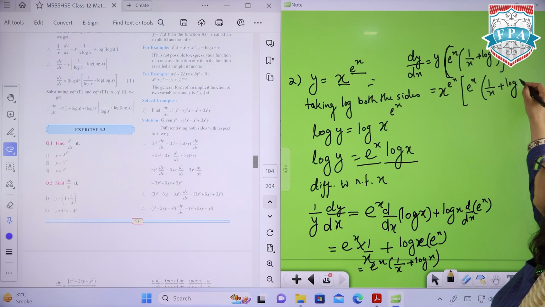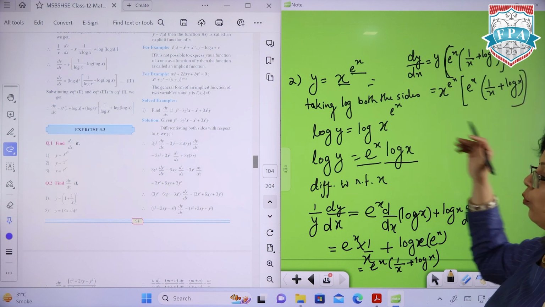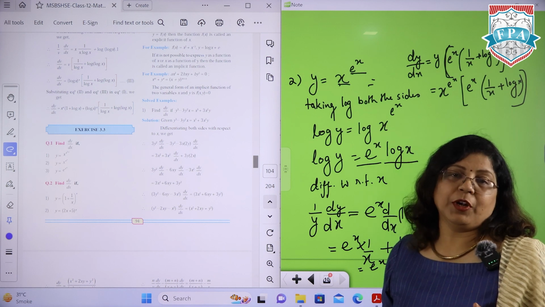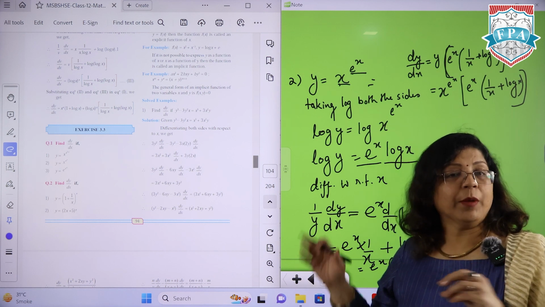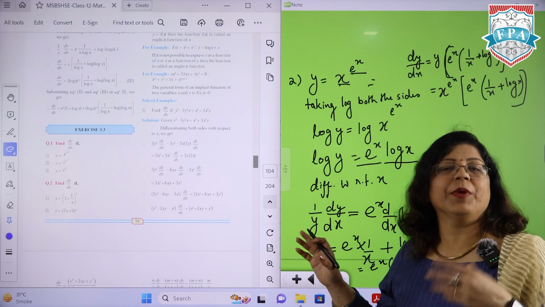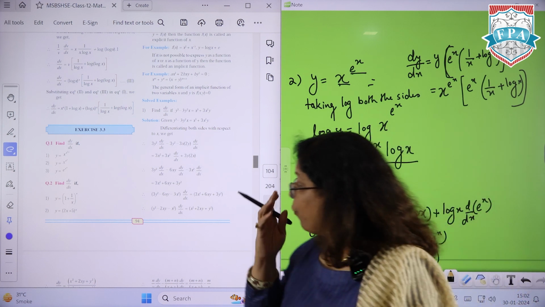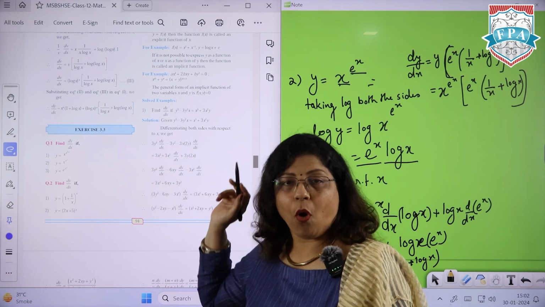Seems difficult, but when you go step by step slowly, you will be able to find this very easy, and you'll be able to solve this properly also. So this is one kind of function where we use log.